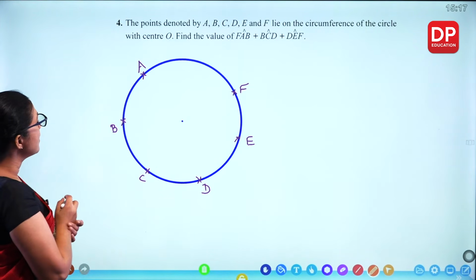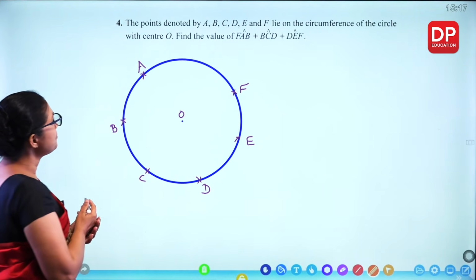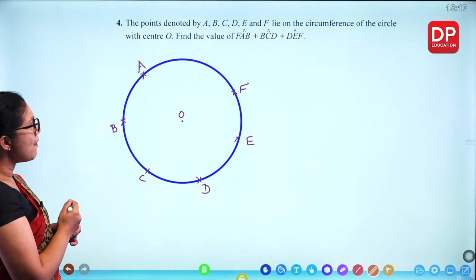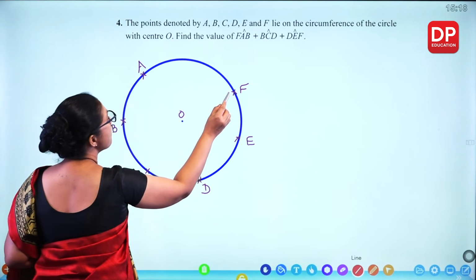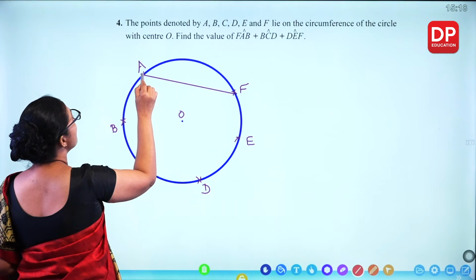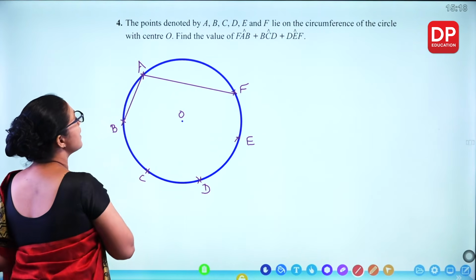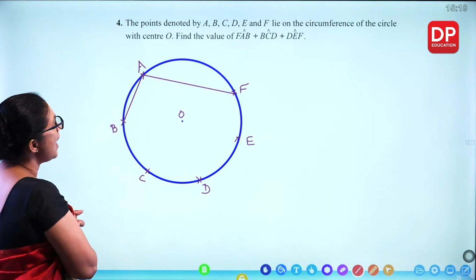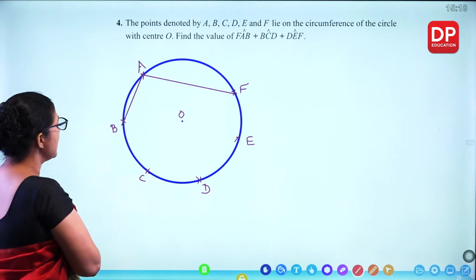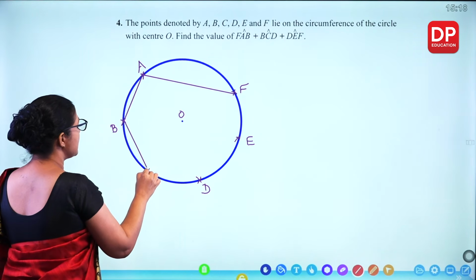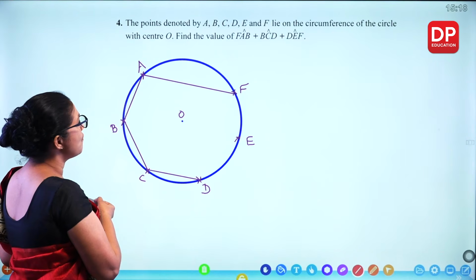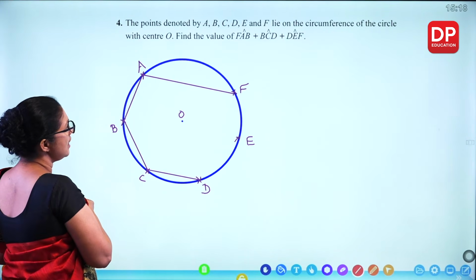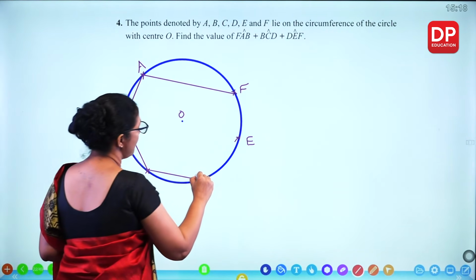And what are the angles? O is the center. Find the value of FAB, this angle, and BCD, BCD angle we need, and DEF, this angle.